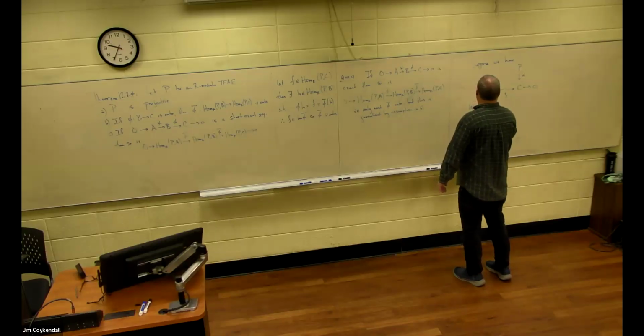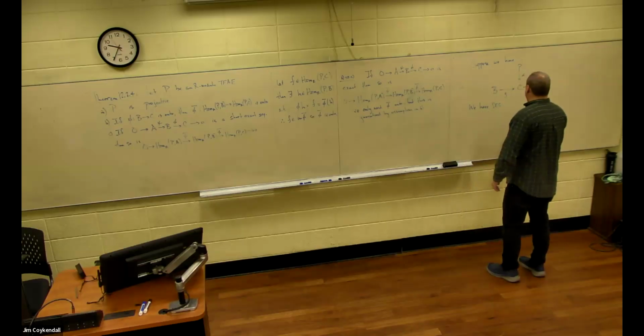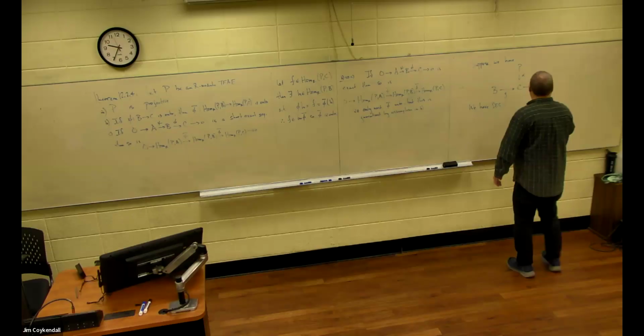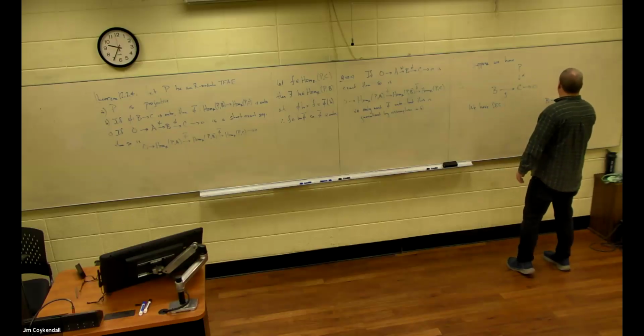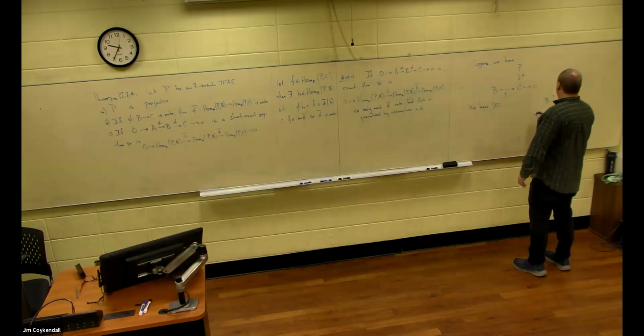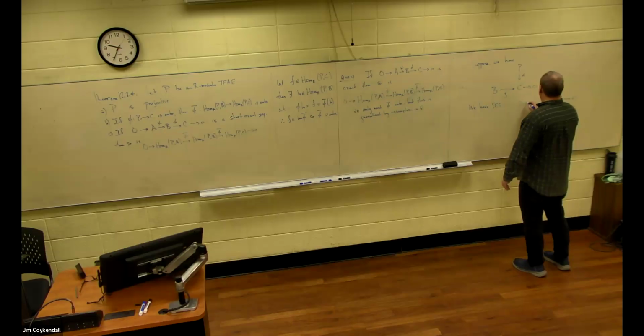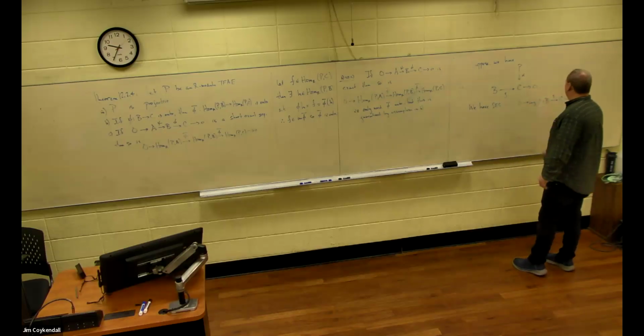We have a short exact sequence 0 to the kernel of g, to B, to C, to 0, and this is inclusion.